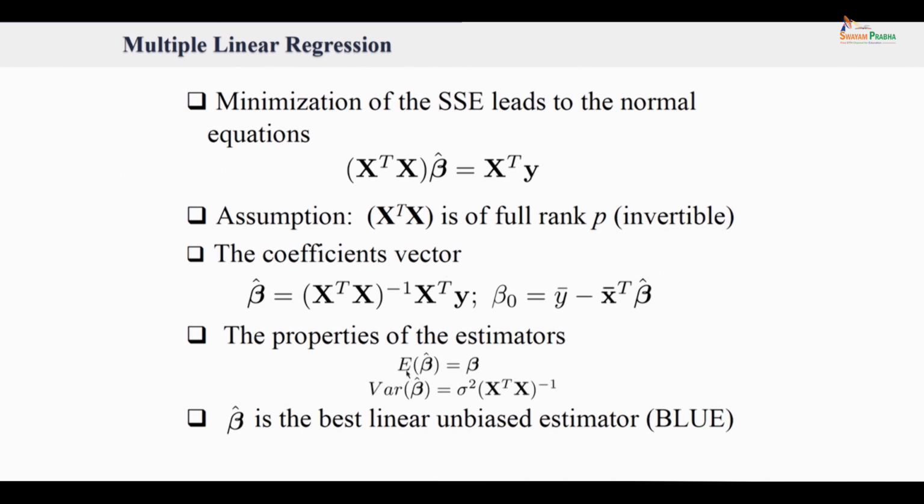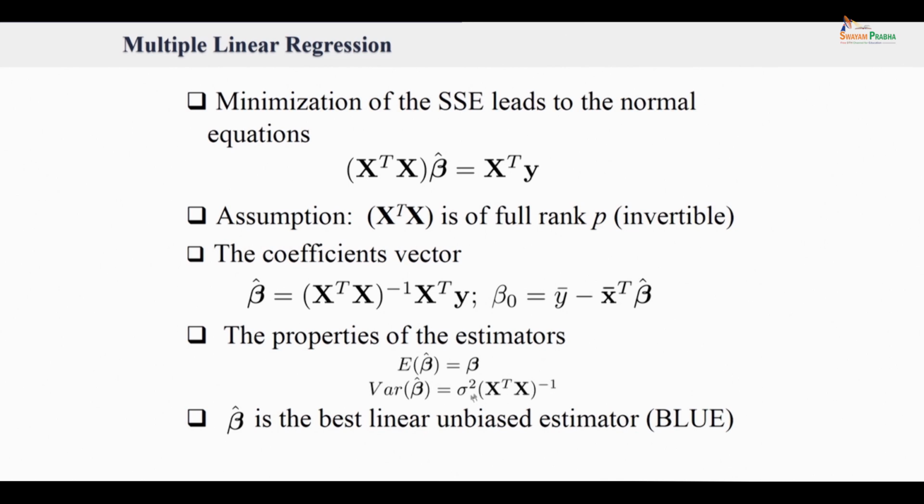Now you can also derive properties of these parameters beta. We can show that the expected value of beta hat is beta, which just means it is an unbiased estimate just as in the univariate case, and we can also get the variance of this beta hat. In this case it is a covariance matrix because it is a vector, and we can show that the covariance matrix is sigma squared times x transpose x inverse. Now again you can go back and look at the univariate case, there the variance of beta 1, the slope parameter, will be sigma squared by sxx.